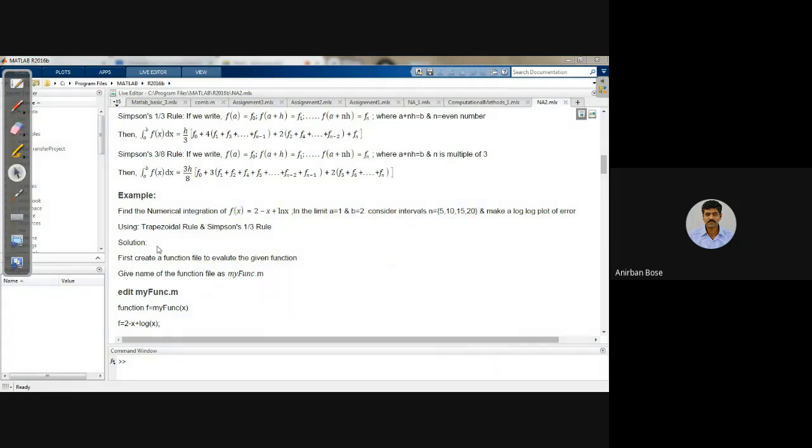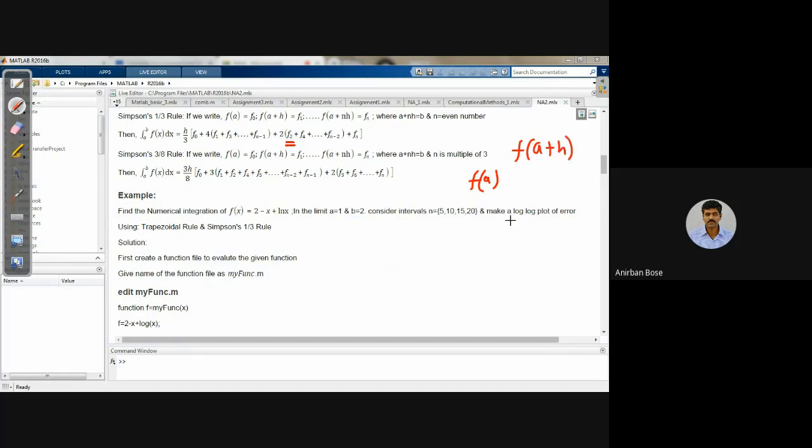Okay, so to solve this problem, the first thing is that it is better not to write this function a number of times when we are going to do all these calculations. When we do this integration, we have to calculate the functional value at a, and the functional value at a plus h.